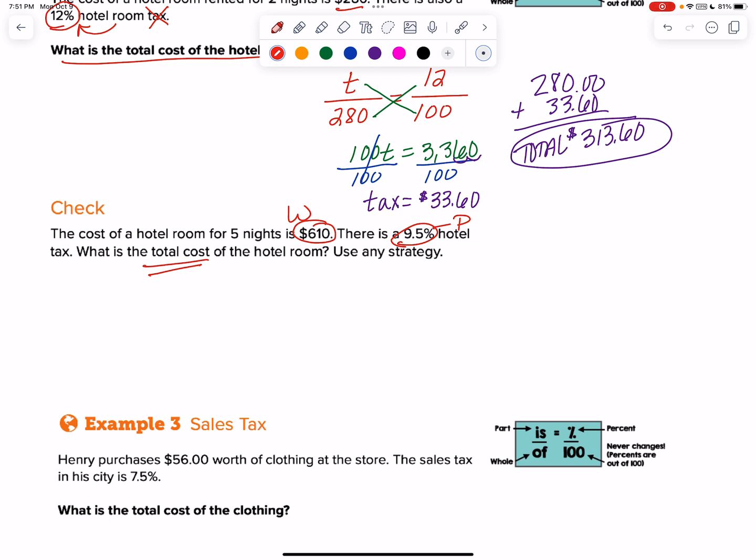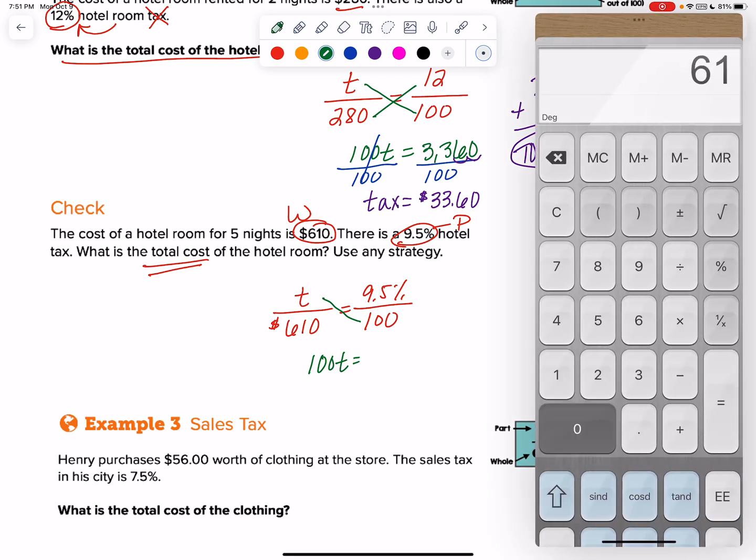Okay. So we don't know our tax as money. We do know the whole room cost, prior to tax. And we know the 9.5%, and it's always out of 100. Okay, let's go ahead and use our means extremes. 100t equals 610 times 9.5 is 5,795.